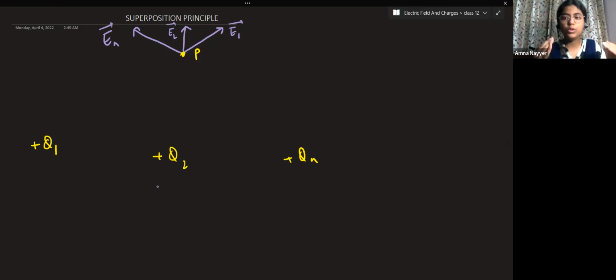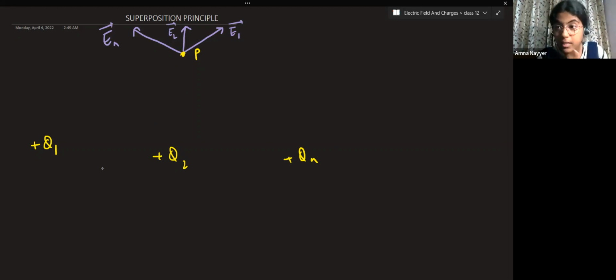So what do you do? You use all the parallelogram laws, whatever vector laws you have studied, to add all these individual electric fields together, and this is known as the superposition principle. For a system having n number of point charges, the net electric field at any point is given by the sum of electric fields of individual charges added vectorially.